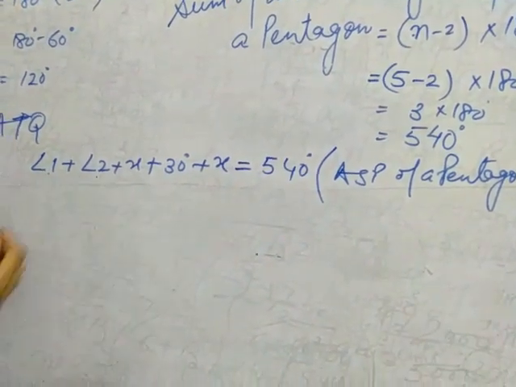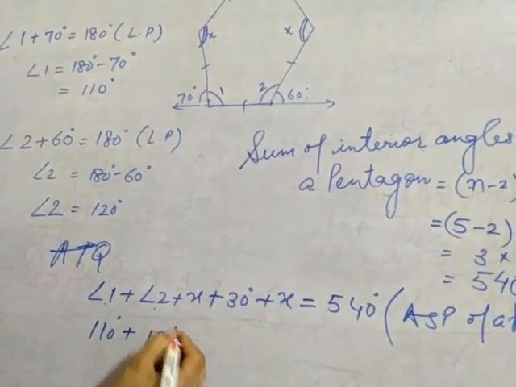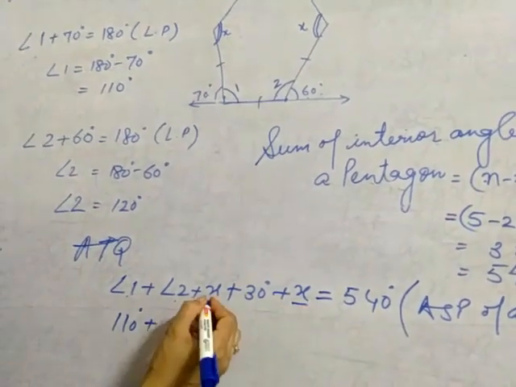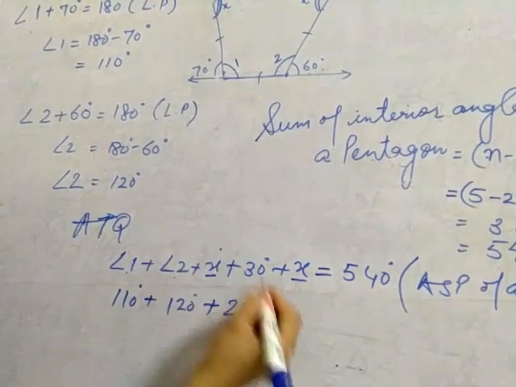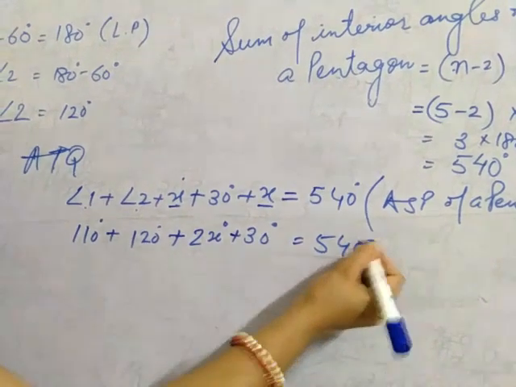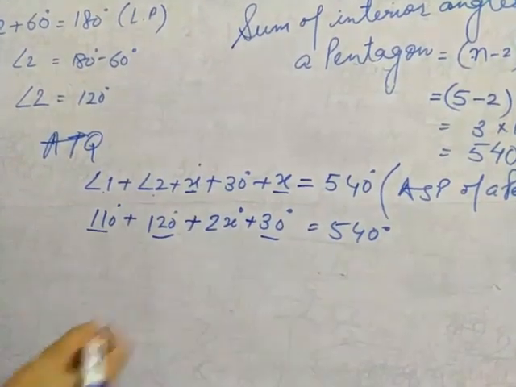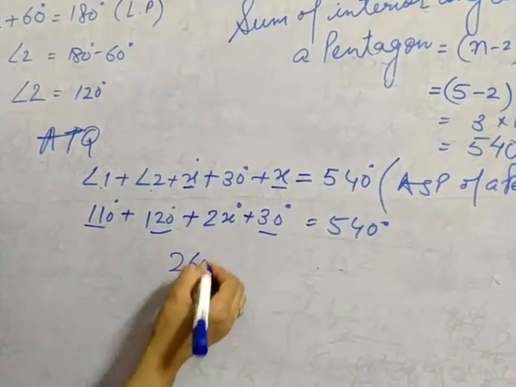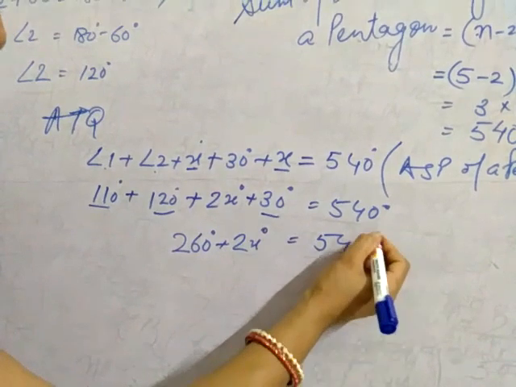Put the values of angle 1 and 2. It was 110 plus 120 plus x plus x. When they are added, variables are added, it is 2x degree plus 30 degree and it's equal to 540. So 30 plus 120 plus 110 is going to give you 260 degree plus 2x degree, it's equal to 540 degree.